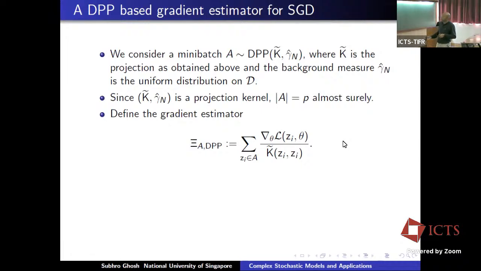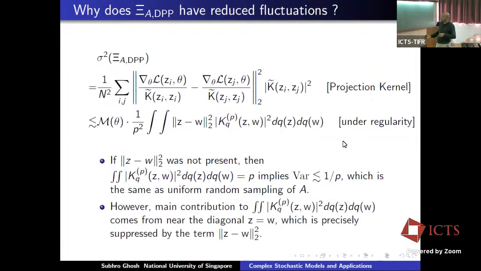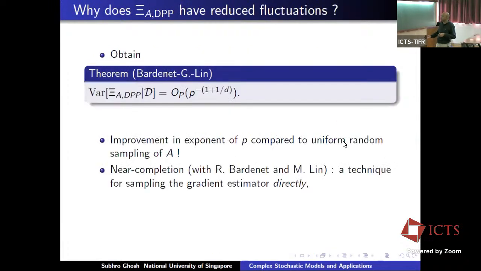Using those, we have a method of completely bypassing the generation of the mini batch, which can still be a computationally expensive procedure, and using the Laplace transform and the explicit determinantal formula for the Laplace transform of this gradient estimator to directly generate samples from the sigma A DPP. So this is work that is close to being completed. So hopefully we can submit within a month or two, and then of course we get much better computational savings and advantages.